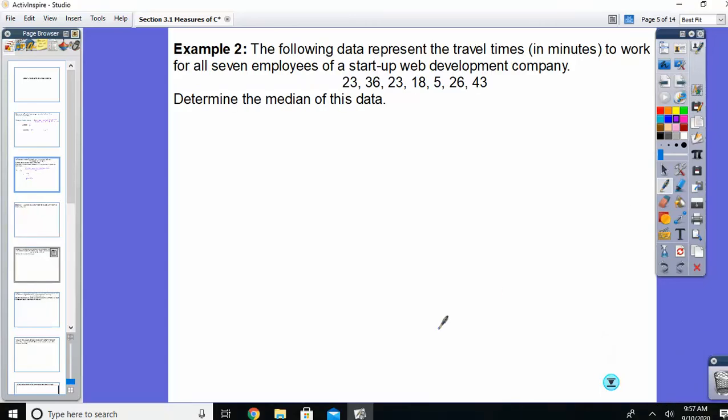So let's use our same set of data. If I want the median for this, and I may not say median, I might just say find and then put capital M, so make sure you know the notation I might use.